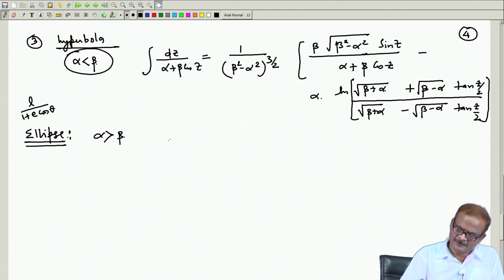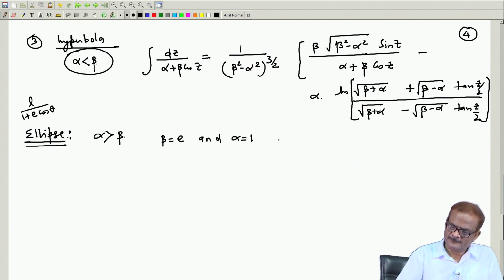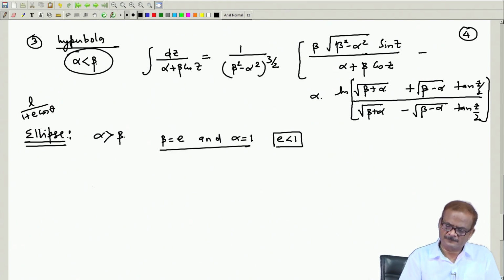So, we write here beta equal to E and alpha equal to 1, where E is less than 1. Okay. So, therefore, this is satisfied, beta will be less than alpha.